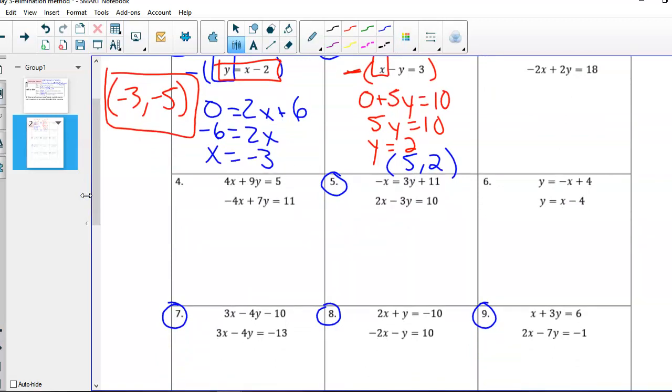So in this case, do we have a variable with the same coefficient? Yes. The y's both have the same coefficient. One is negative though. That's okay.